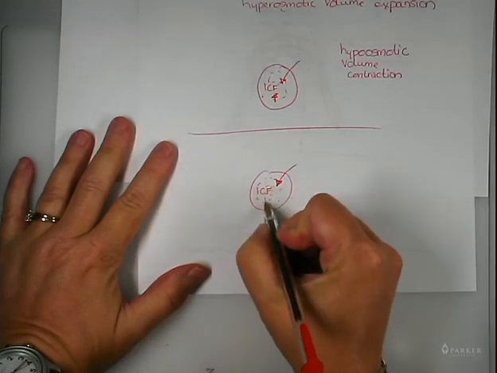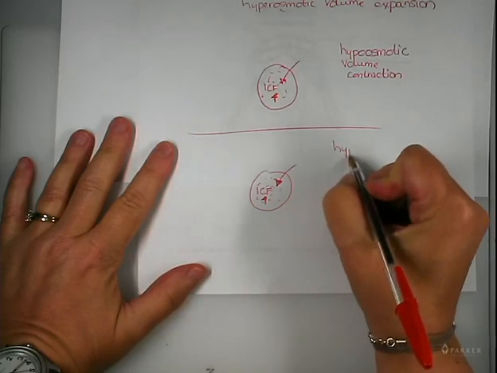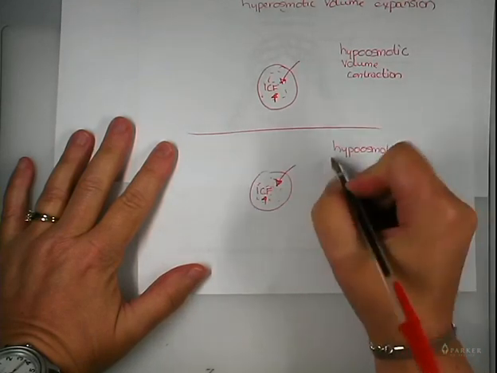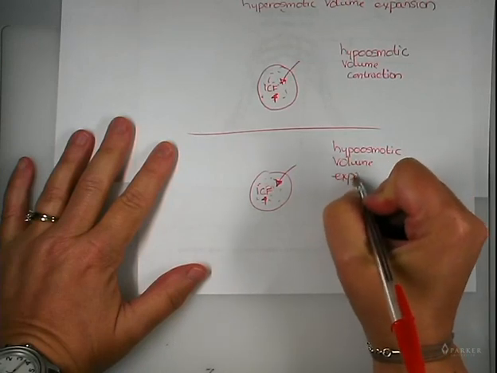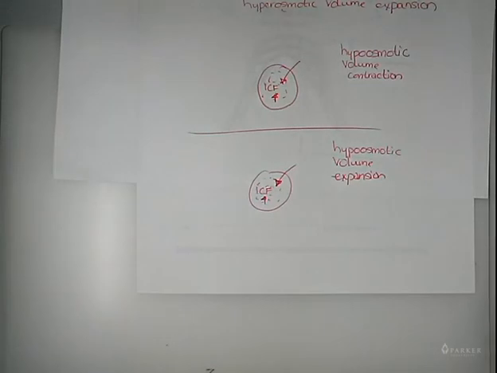So ICF volume is up, but we have hypoosmotic volume expansion. Why is it expansion? Because the whole thing that set it off is all the extra water that we had in the extracellular place, because you're over-secreting ADH.